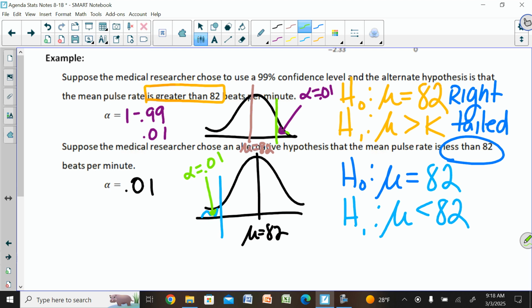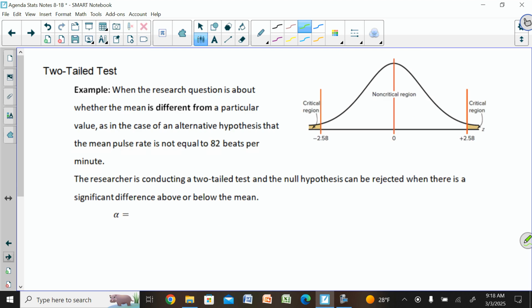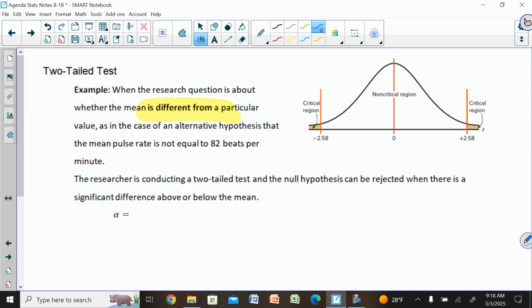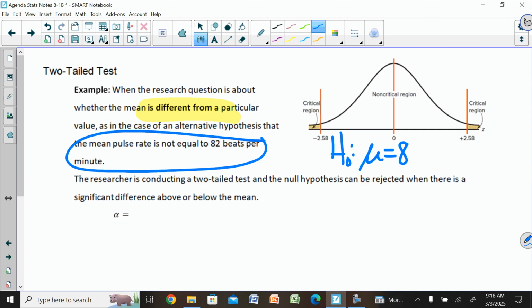So for our two-tailed test, same thing. When the research question is about whether the mean is different from a particular value, so you're going to see that word different or is not equal to, as in the case of the alternative hypothesis that the mean pulse rate is not equal to 82 beats per minute. That's all we've got. So we would say our H sub 0, mu equals 82.